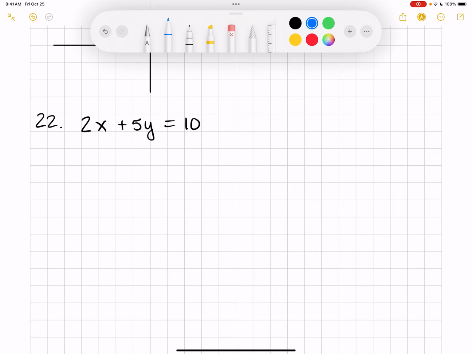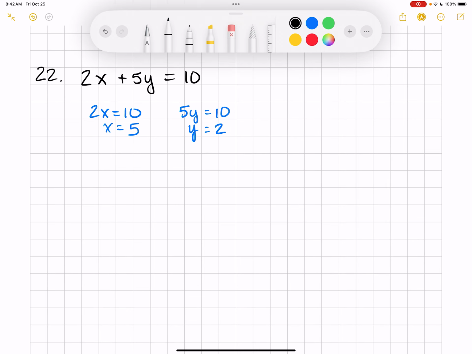So what you do is, if I want to solve for x, I cover up y, and so I would have 2x equals 10. So x equals 5. That means we're crossing the x-axis at 5, so I'll put a point on there. If I want to solve for y, I cover up x, and I would have 5y equals 10, so y equals 2, and that means it crosses the y-axis at 2.